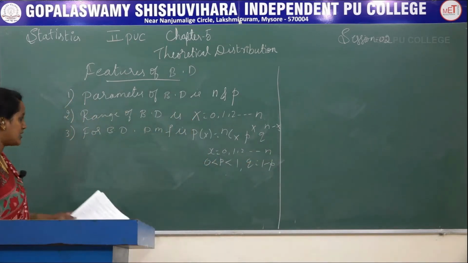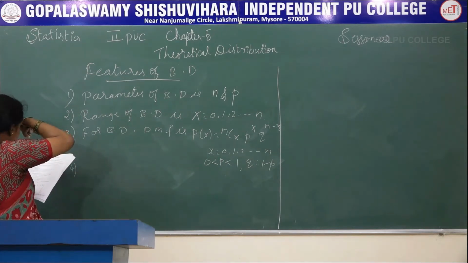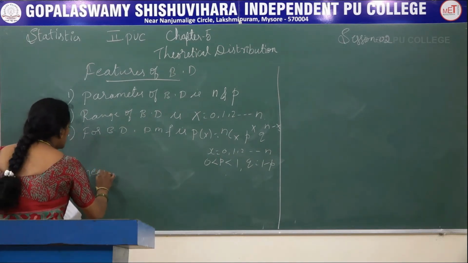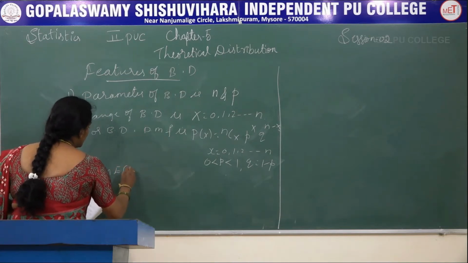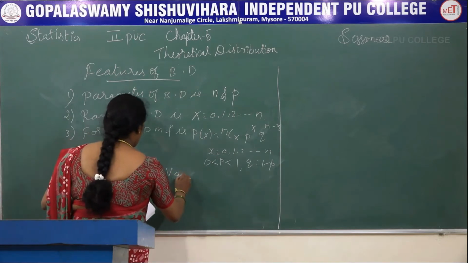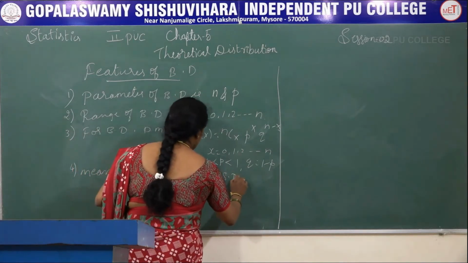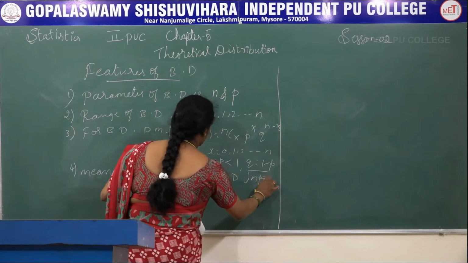These things we know; that is one of the features. And next, fourth is the mean of binomial distribution, that is expected value of x is np, and variance is npq, and standard deviation is square root of npq.